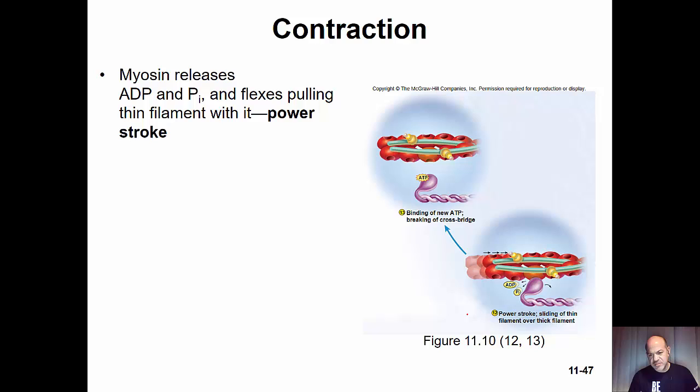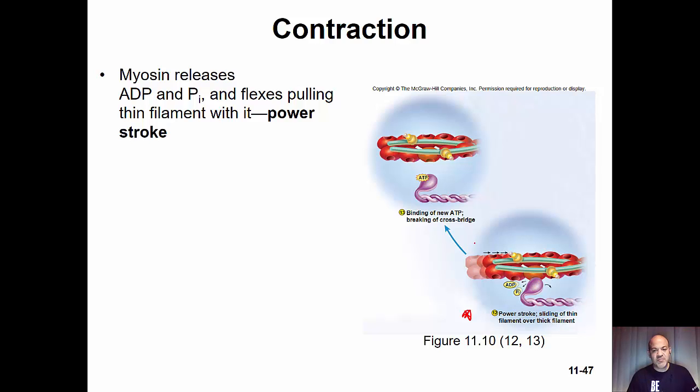Now, moving on to the next step, step 12 here. When the connection is made, the myosin head is going to release the ADP and the phosphate, which is probably going to go back to the mitochondria to be turned back into ATP. But when it releases the ADP and the phosphate, the myosin head is going to move back to its original flexed position.